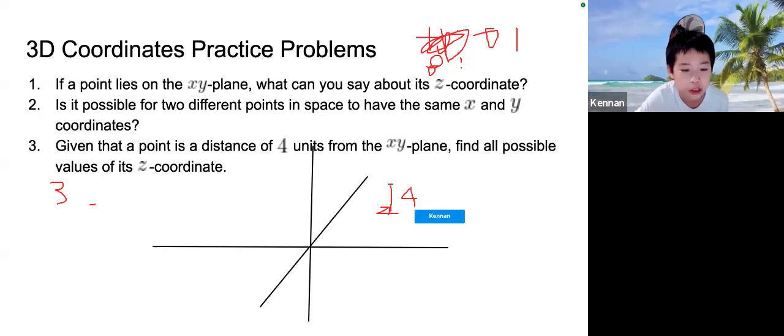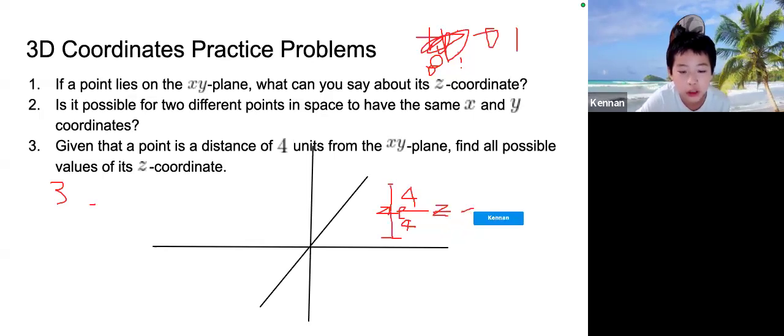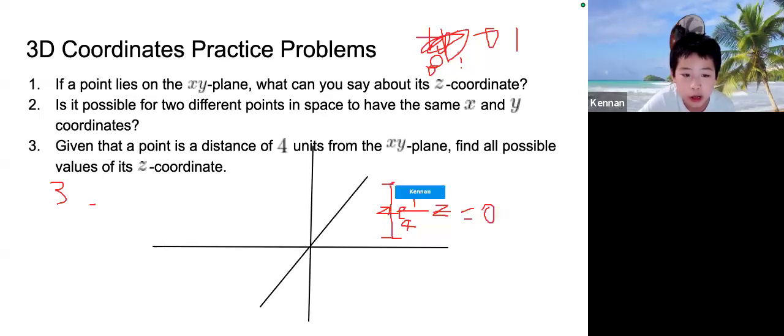It never said what direction, so it could also be 4 units this way. This point is z equals 0. This point is a point on the xy plane. Then note this point over here would have z equals 4.